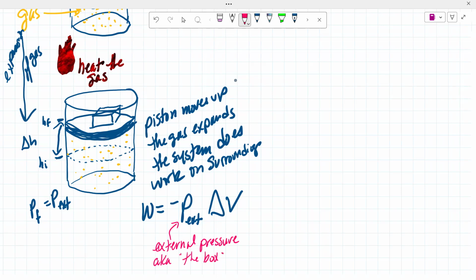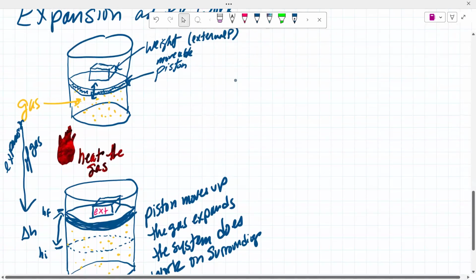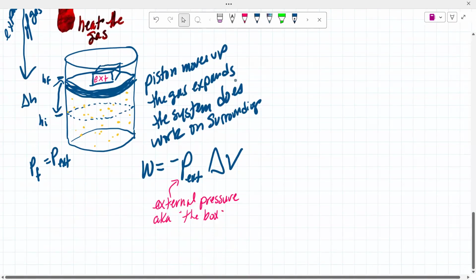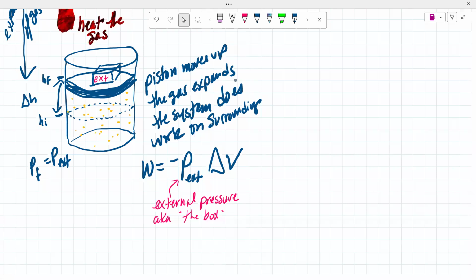This little box sitting right up here. Here, we could even put EXT on it to remind ourselves this is the external effects. All right, that is our external effects, and that is what has happened.